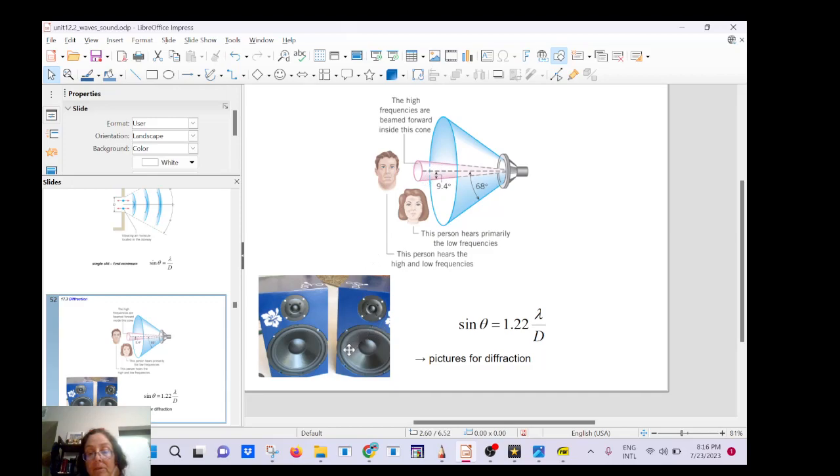So usually you have two sides on the speaker. You're going to have the woofer and the tweeter. So that will be for low frequency and for high frequency. With this large speaker, it's going to push and pull more air, so it's going to amplify the amplitude of the low frequency.